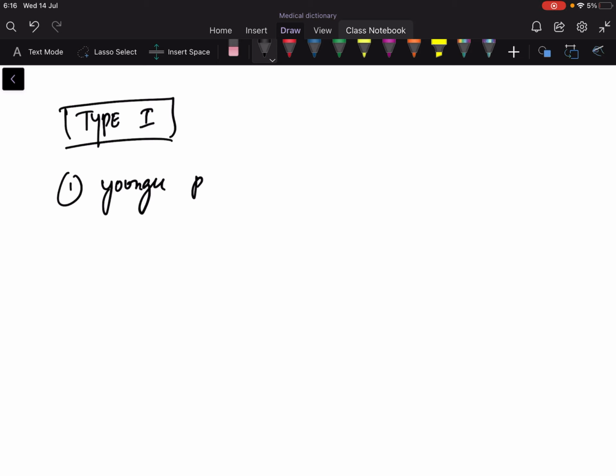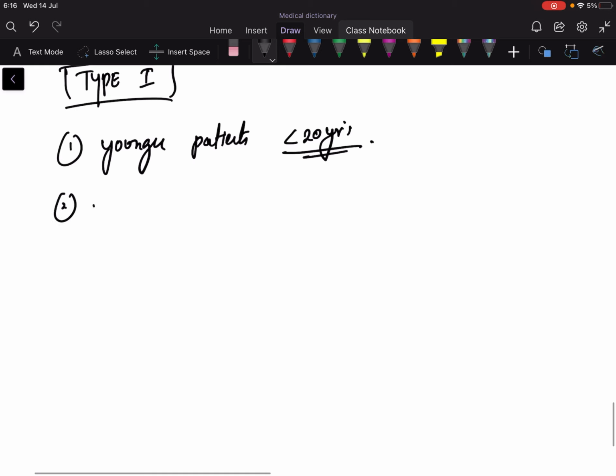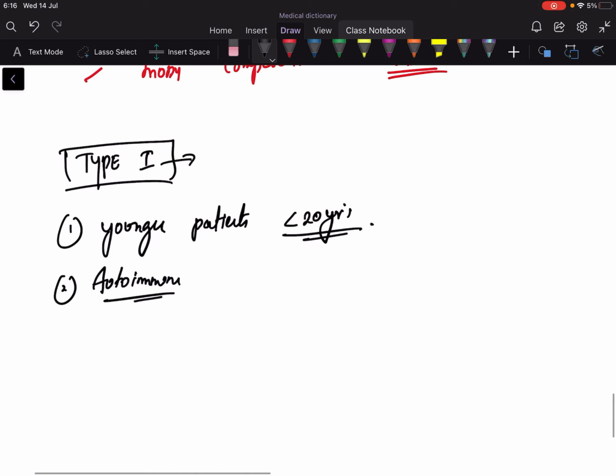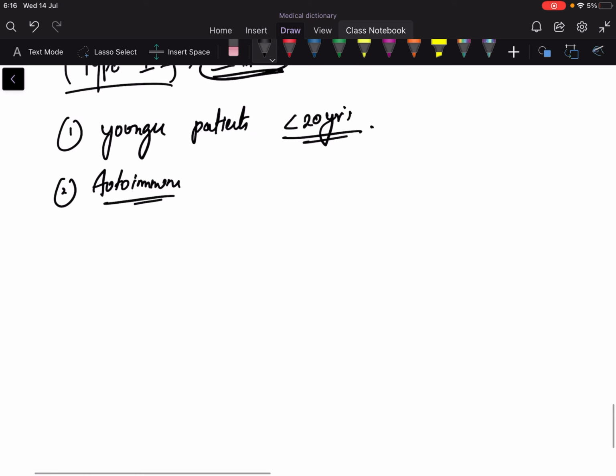This is commonly seen in younger patients, usually less than 20 years. This is mainly autoimmune, immune mediated. As I already told in the previous videos, the 1 stands for immune mediated. The beta cells are attacked by the immune cells and they are completely destroyed.